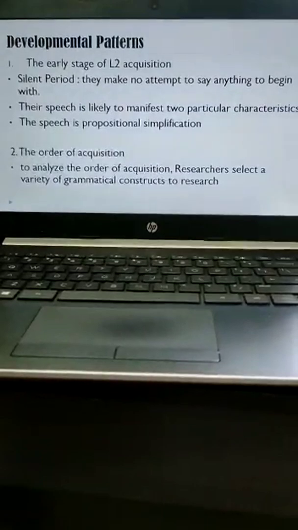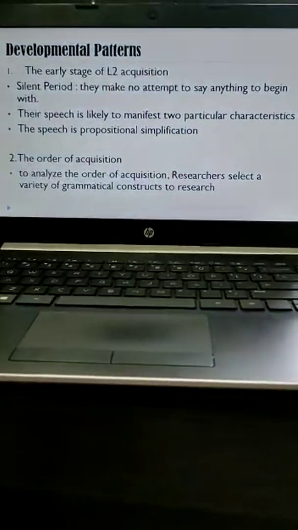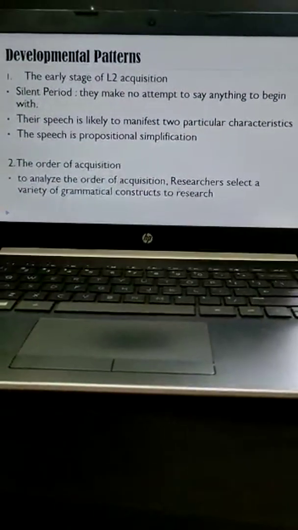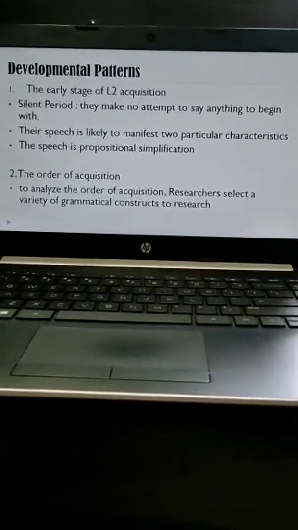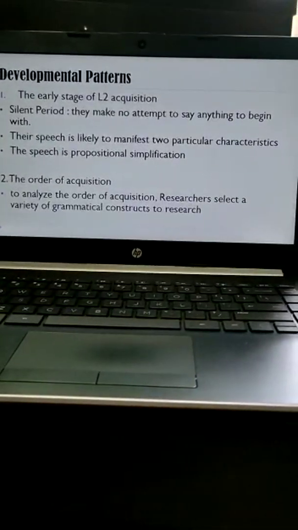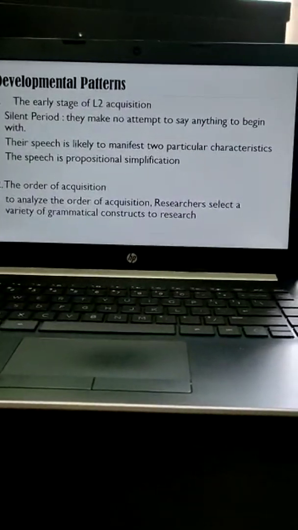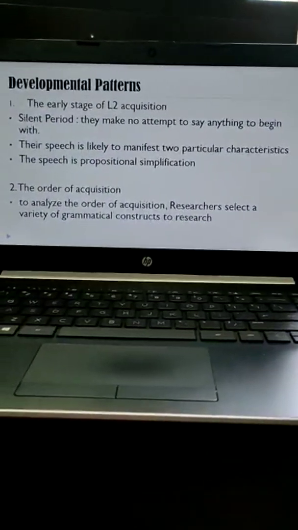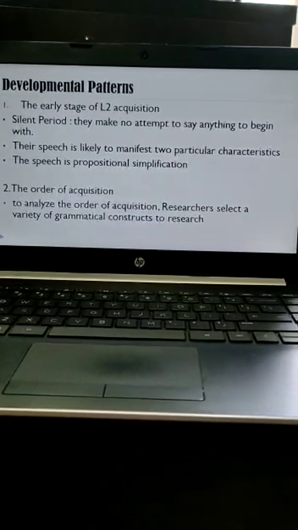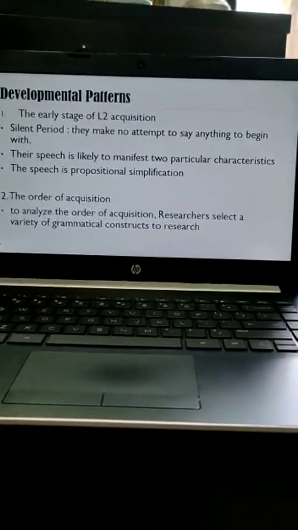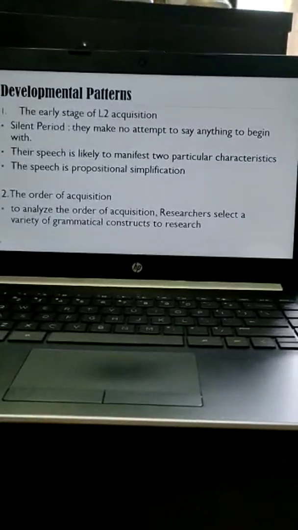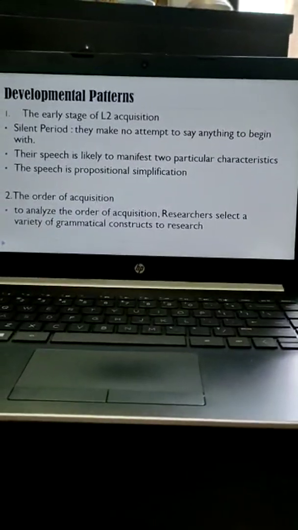Number 1, the early stage of second language acquisition. There are 3 points. The first, silent period. They make no attempt to say anything to begin with. And the next, their speech is likely to manifest two particular characteristics, and the speech is propositional simplification.